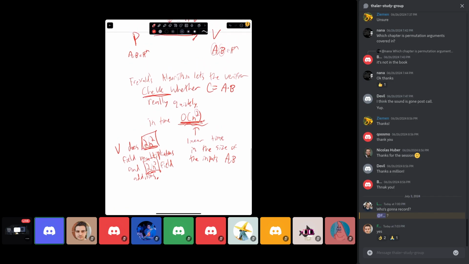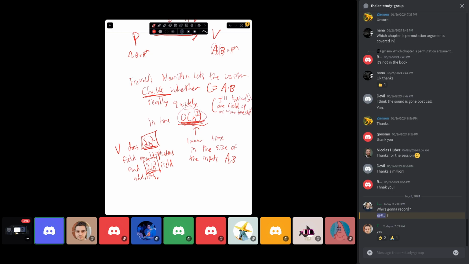And so, throughout the whole book and this study group, I'm going to consider one field operation, like addition or multiplication, as one time step. So when I say this algorithm runs in n squared time, what I really mean is n squared field operations.